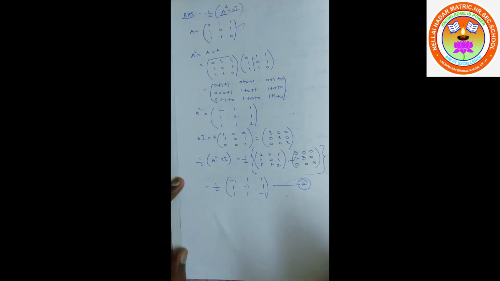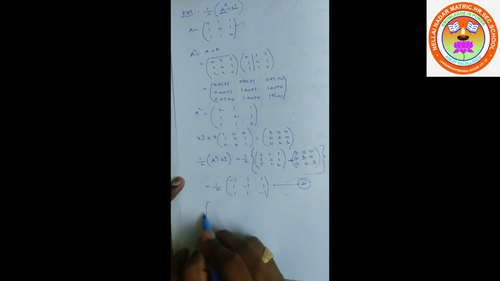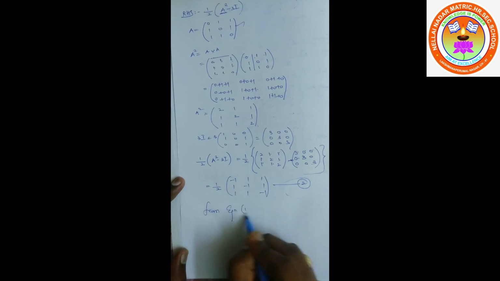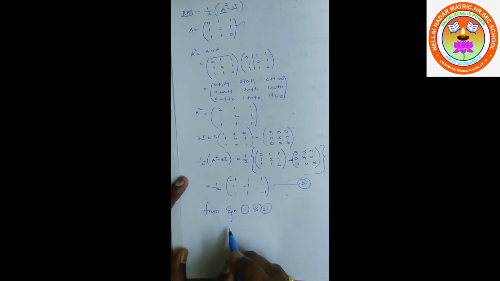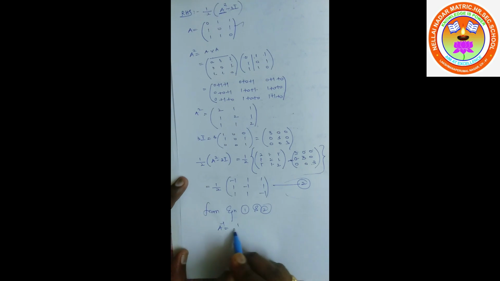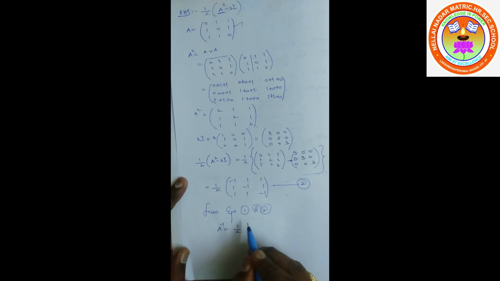So this is RHS. LHS is equation 1, RHS is equation 2. Both are same. Therefore, from equation 1 and 2, A inverse is equal to 1 by 2 into A square minus 3I.